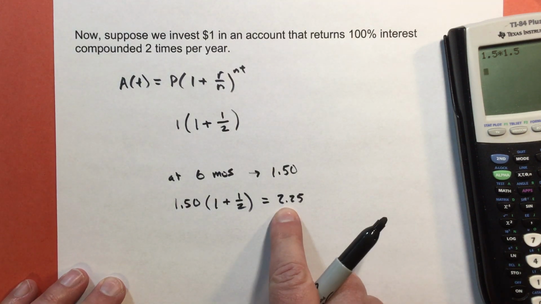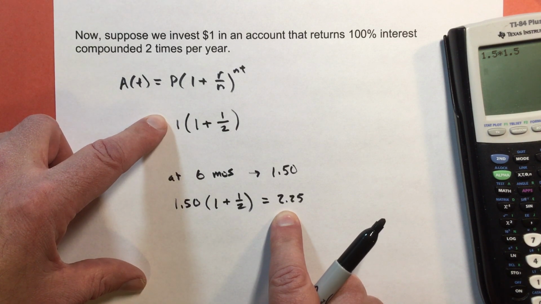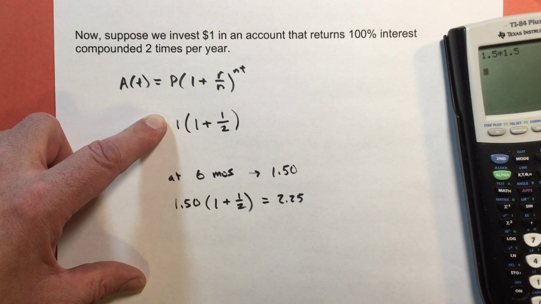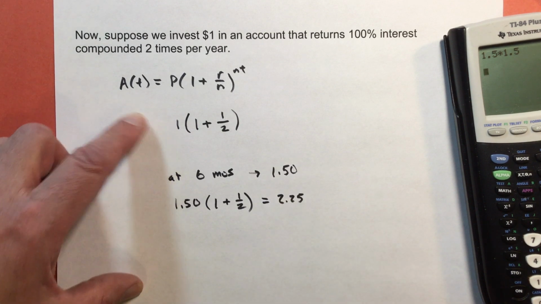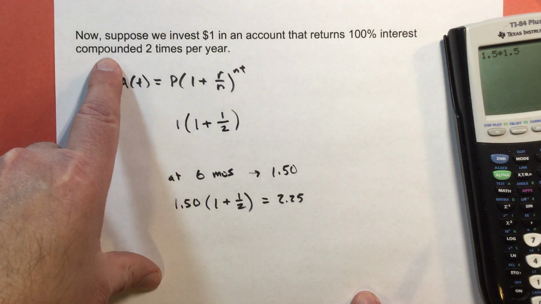So this 2.25 is my first $1 plus the 50 cents for the first half of the year, plus the 50 cents for the second half of the year, because I still make that, plus the 25 cents for getting interest on this 50 cents, which was interest. It's called interest on your interest. And that's what the word compounded means.